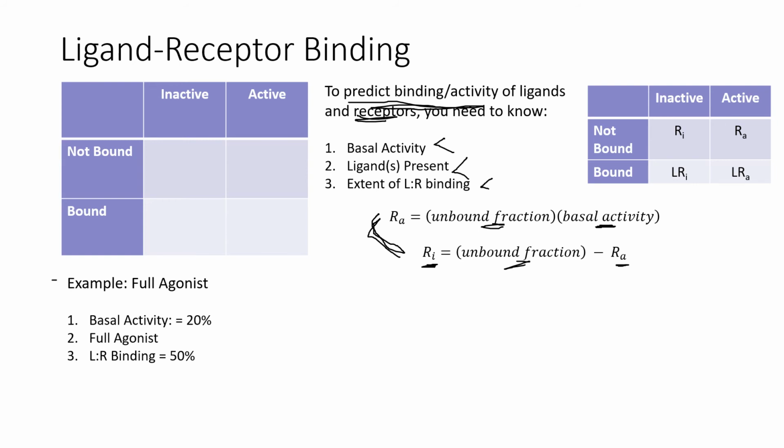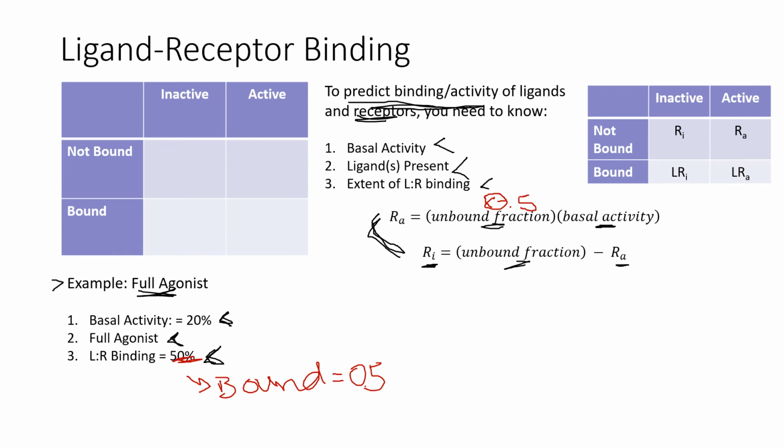We have an example of a full agonist whose receptor's basal activity is 20%. It's a full agonist, and the ligand to receptor binding is 50%. What will happen is that your unbound fraction is going to be 0.5, because the ligand binding is 50%. This also means that your bound fraction is going to be 0.5.